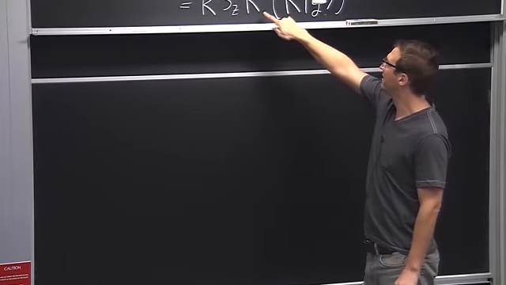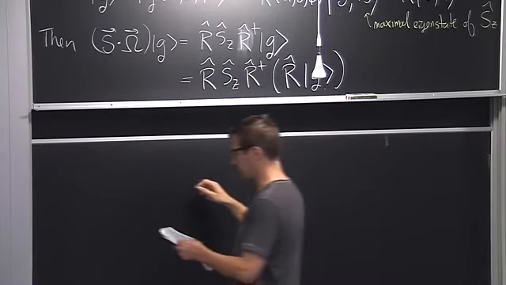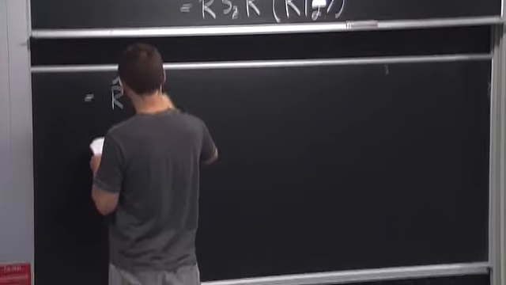So then the adjoint and the operator give unity, and I'm left with something that looks like R SZ.